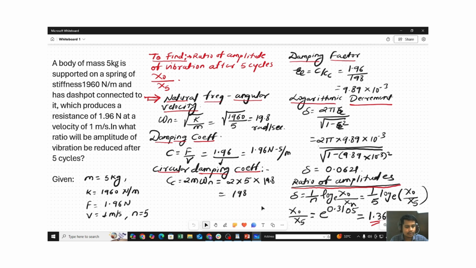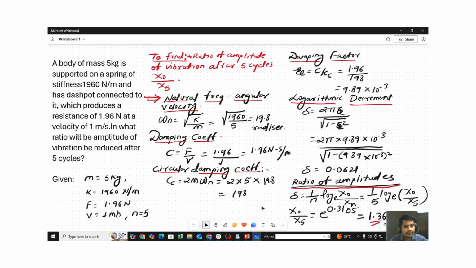So K is equal to 1960 Newton per meter, and it has a dashpot connected to it, which produces a resistance of 1.96 Newton. So the resistance force is given, F is equal to 1.96 Newton, at a velocity of 1 meter per second. So velocity is also given, V is equal to 1 meter per second.